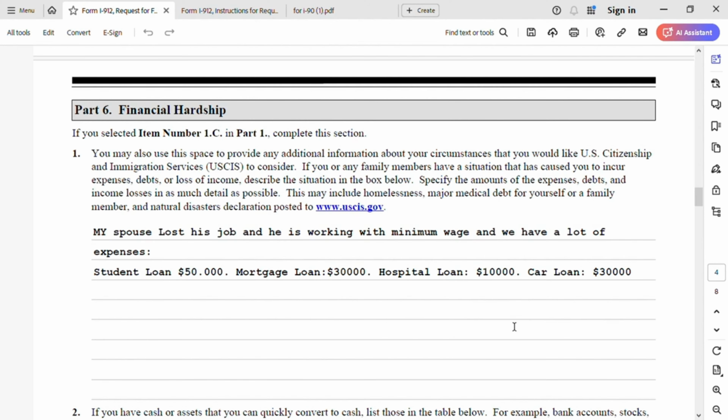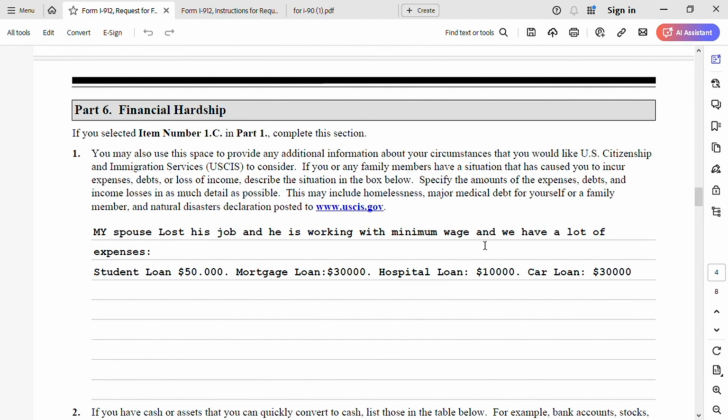Specify the amount of the expenses, debt, and income losses in as much detail as possible. This may include homelessness, major medical debt for yourself or a family member, and natural disaster declaration posted on the USCIS website. This is the same thing I put right here. This applies as well for financial hardship.